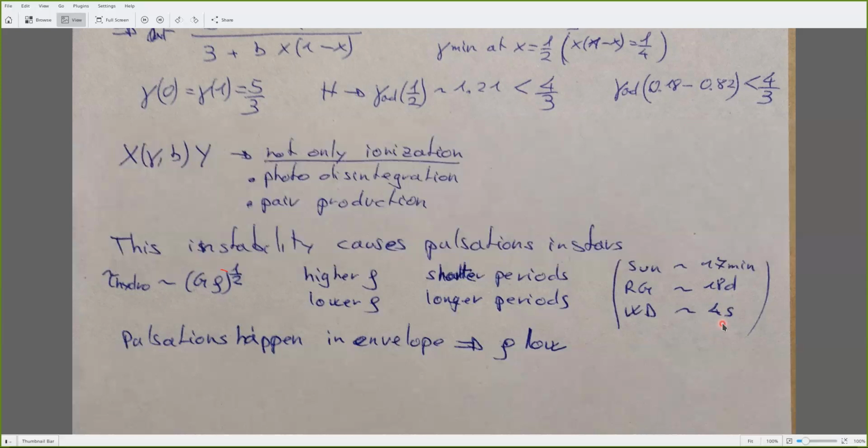If you had an air balloon, just air, really less dense, the oscillations are really small and not so easy to notice because they are really slow. This is also because the pulsation happens in the envelope usually, where the densities are low, so also the density in the period is long.